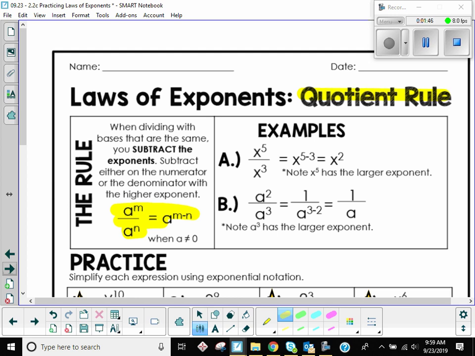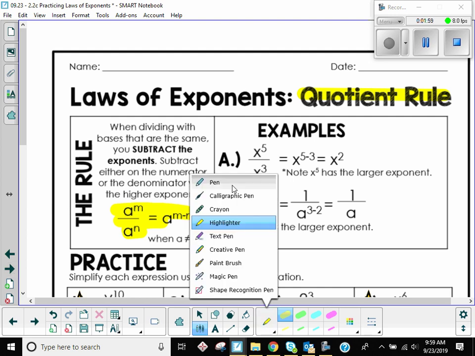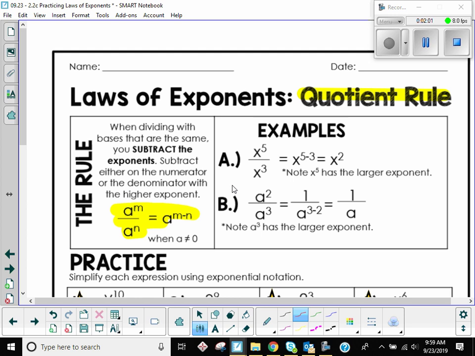But there's kind of a special circumstance here. Even on Friday, we had a few different kinds of examples, and you might want to make a note of this somewhere. This first example A is when the power is bigger on top, in the numerator.